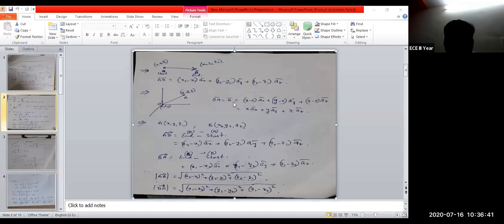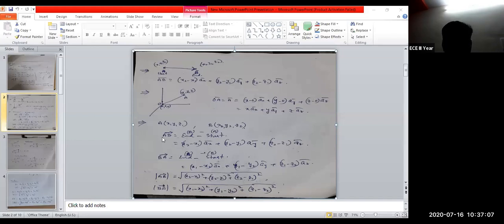So here, this represents A bar. A bar can be represented if it is starting at origin. If it is O and B, then we can call it B bar. If it is O and C, then we can call it C bar vector. Suppose A has the positions x1, y1, z1, and B has the positions x2, y2, z2.